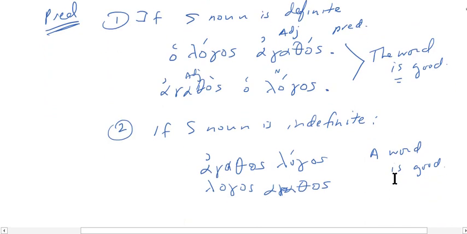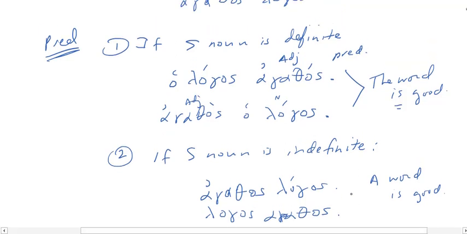How so? If my sentence ends right here and there's nothing else, there's really nothing else it could be but a predicate adjective, because I have to make sense of this as a sentence, don't I? There's no verb. So what do I do when there's no verb? I supply one. What's the only verb I should supply here? The verb to be, right?